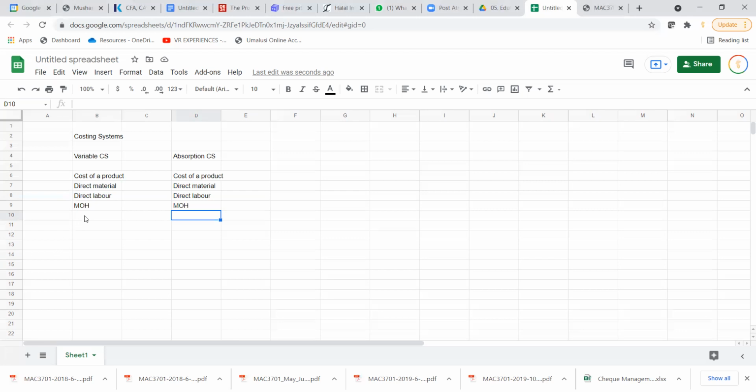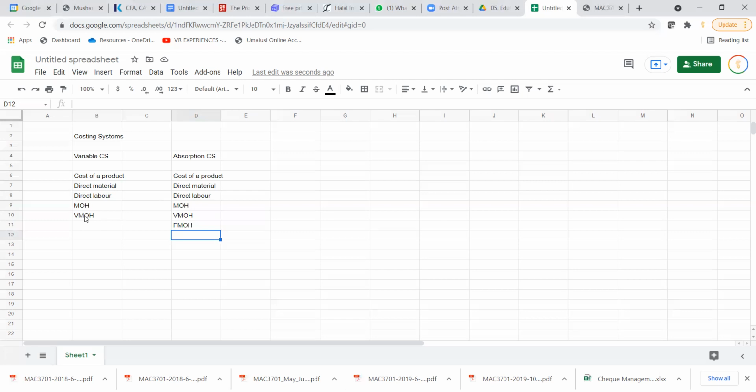And here's where the distinction comes in. Over here, this is going to be variable manufacturing overheads, and over here, also variable manufacturing overheads. But over here, there's also going to be fixed manufacturing overheads. So the only difference between the variable costing system and the absorption costing system is the makeup of the cost of a product.